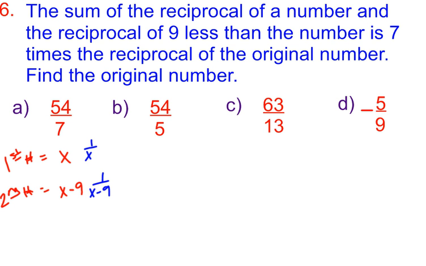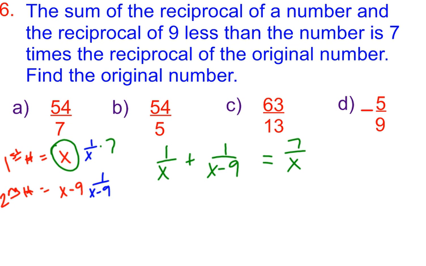The sum of these two numbers, 1 over x plus 1 over x minus 9, is 7 times the reciprocal of the original number. The original number is x, so 7 times the reciprocal of that would be 1 over x times 7, otherwise known as 7 over x.